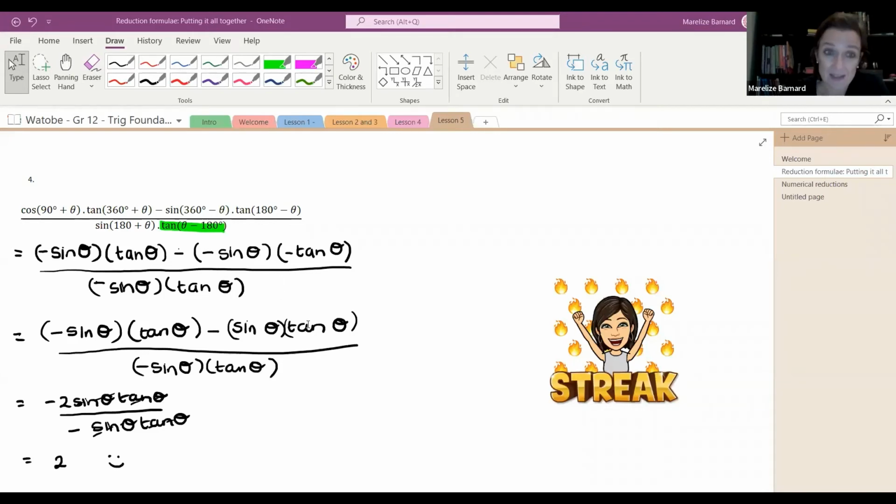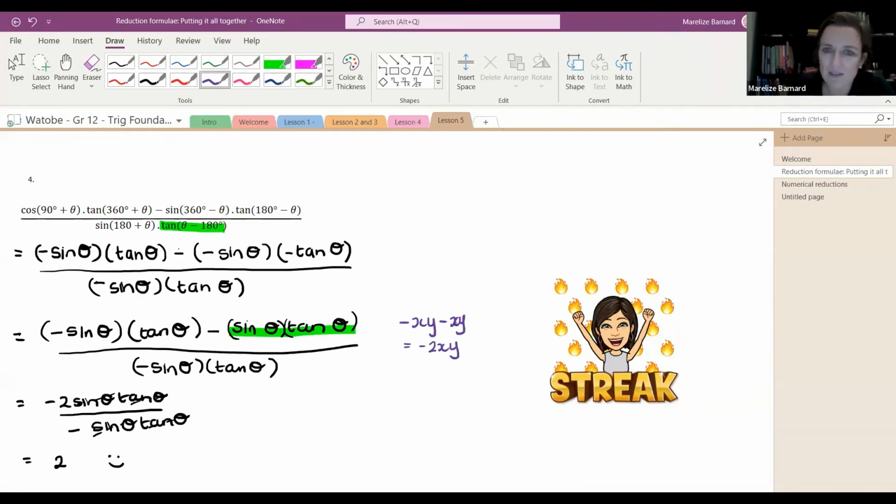That was a plus with another minus in front. So that's why we get minus sine theta, tan theta over here. And then minus sine theta, tan theta. It's the same as saying minus xy minus another xy. That will give me minus 2xy.